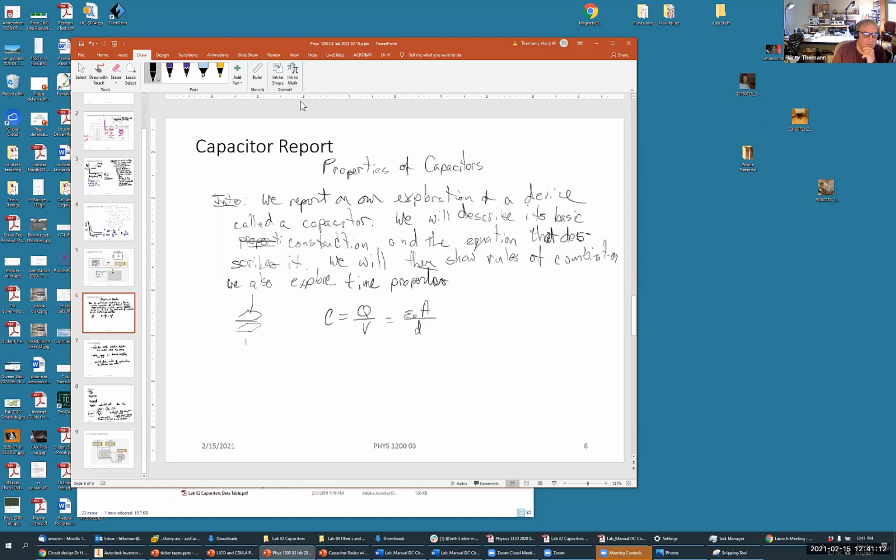Area and Q are pretty easy to understand, and then the distance and voltage because of E fields. So you say that we postulate that energy is stored in the E field. Postulate just means we say without proof, because we're not writing a book here. We're just writing a couple of pages of report. Stored in E field.